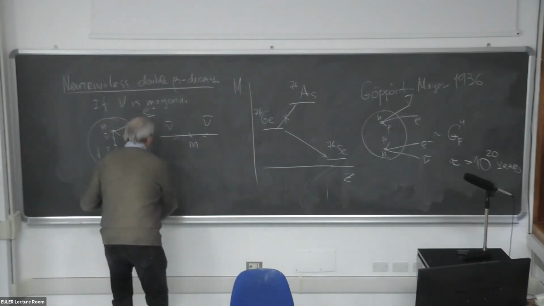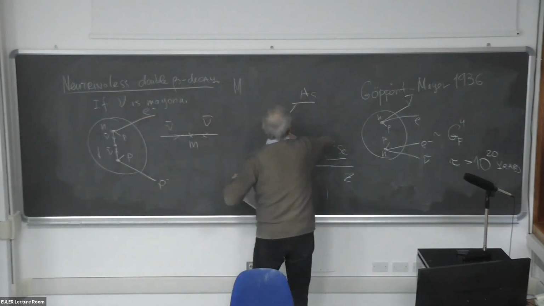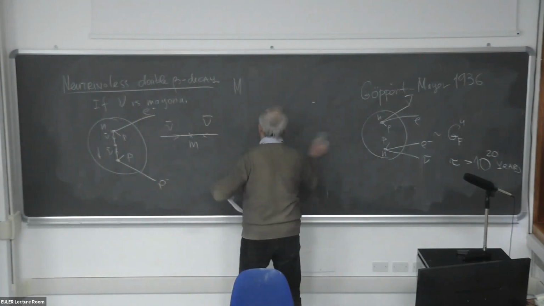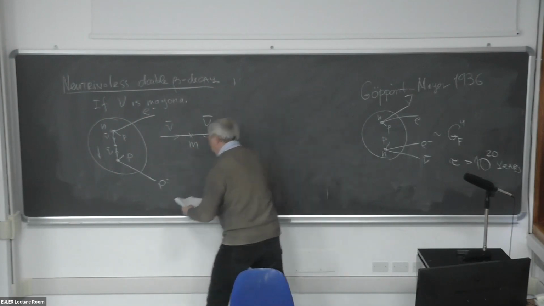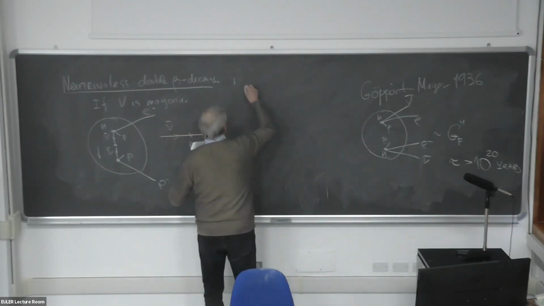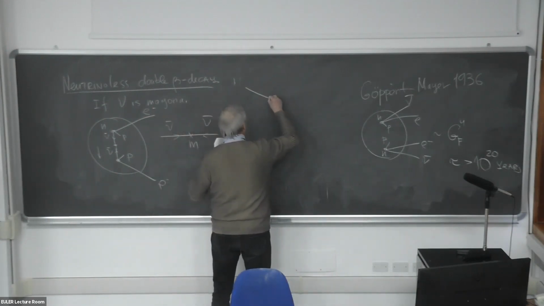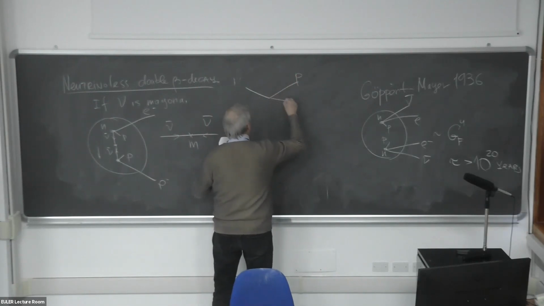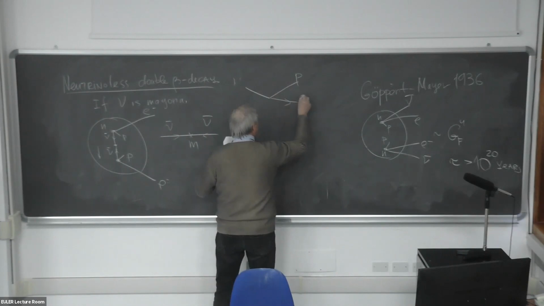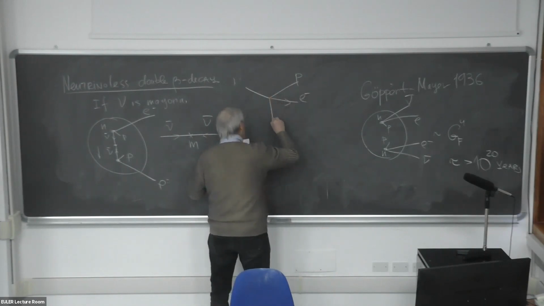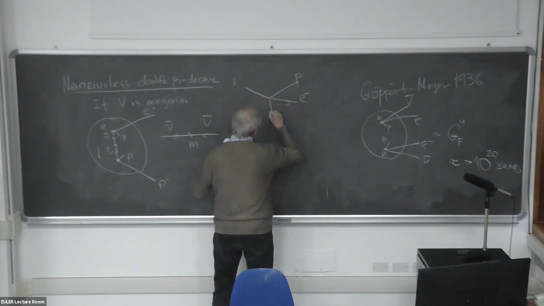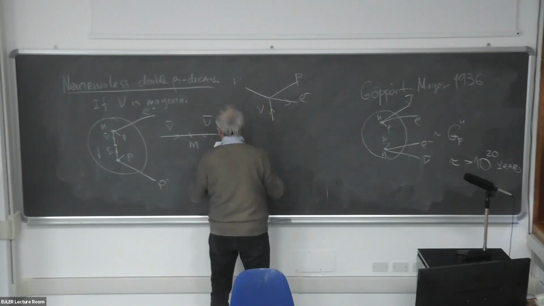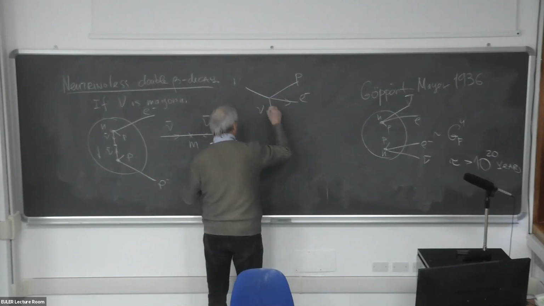So let me draw this diagram of the transition in the following way. So you have neutron, which is transformed to proton, emits electron, and emits antineutrino, or absorbs antineutrino, or absorbs neutrino.